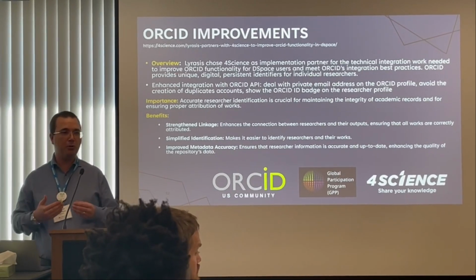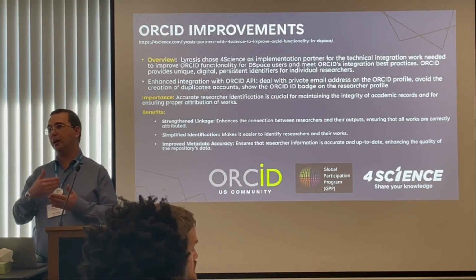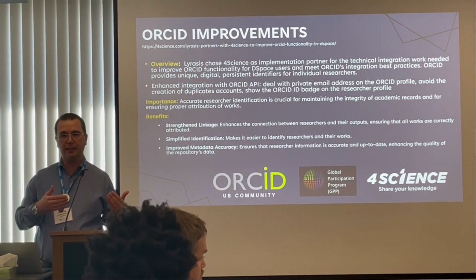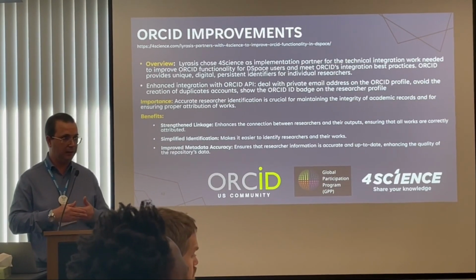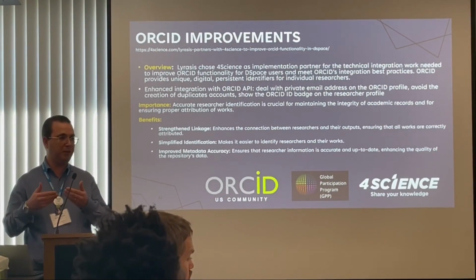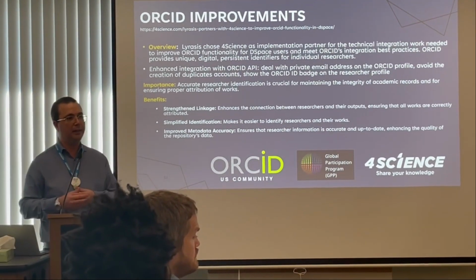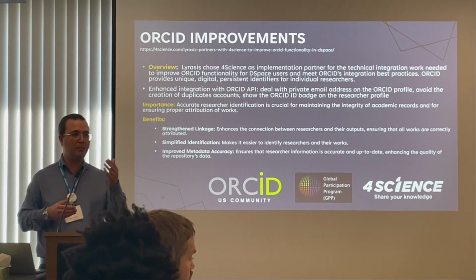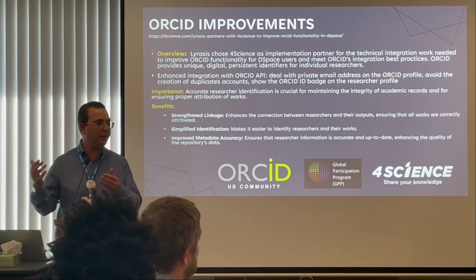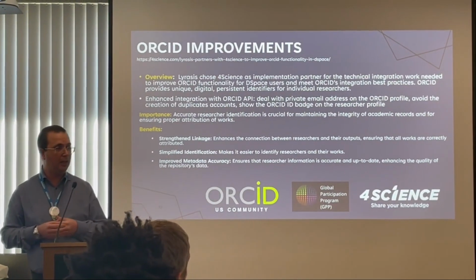And many users are in trouble because the email address used on the ORCID side is different from the email address used on the DSpace side. And there is no way to manage this mismatch right now. So you get an error on the DSpace side saying we don't find you, or your email address on the ORCID side is private, so I'm not able to link with your DSpace profile.